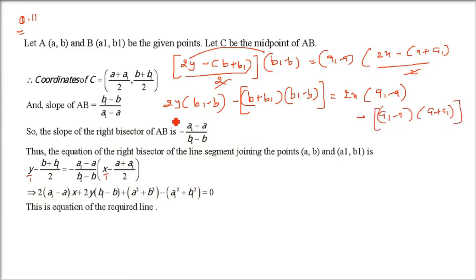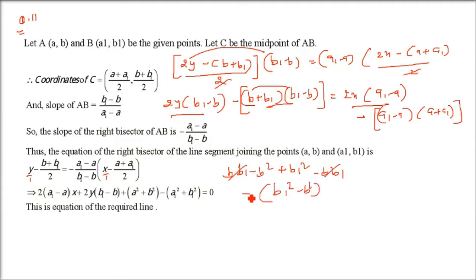Let me multiply this first. So this is b into b1, b1 square, minus b square, and minus b into b1. The minus is outside, so this b b1 cancels out. So you have b1 square minus b square, and there is a negative outside also.